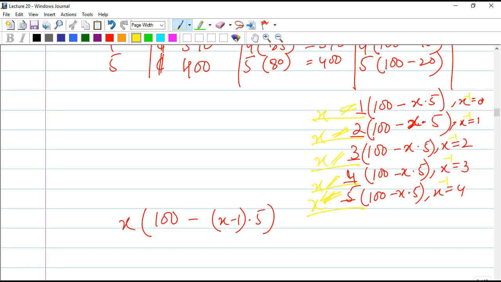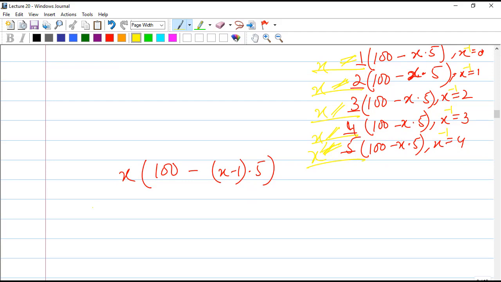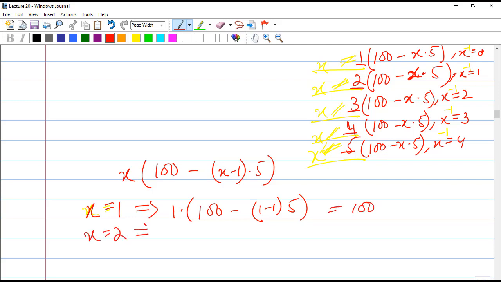Now we can verify it for, say, x equal to 1, so it would be 1 into 100 minus 1 minus 1 into 5, so that is 100. Again we can verify it for x equal to 2: 2 into 100 minus 2 minus 1 into 5, which is 100 minus 5 into 2, which is 95 into 2, which is 190, and so on.